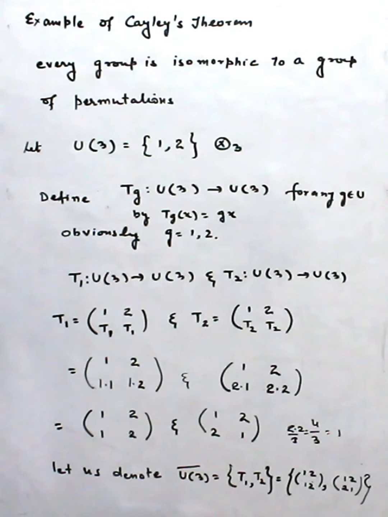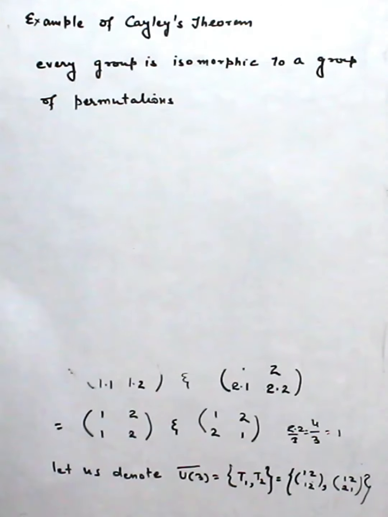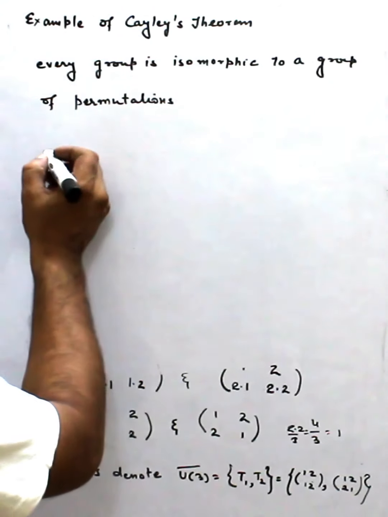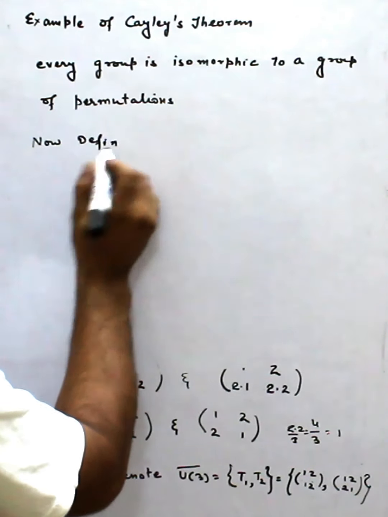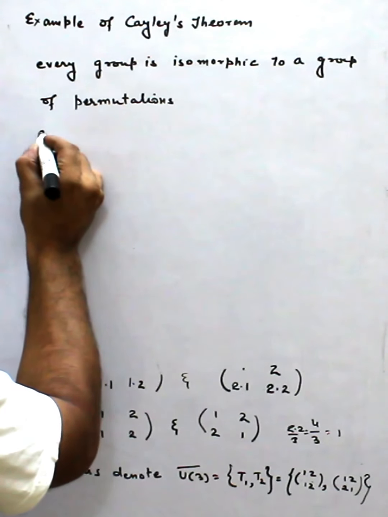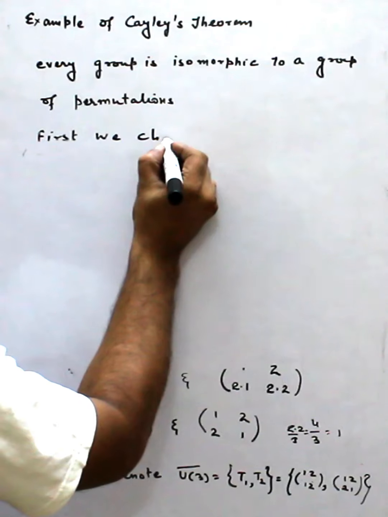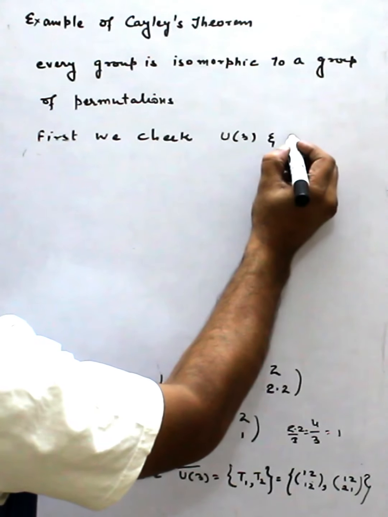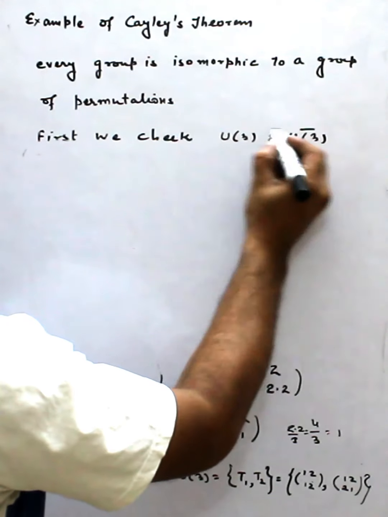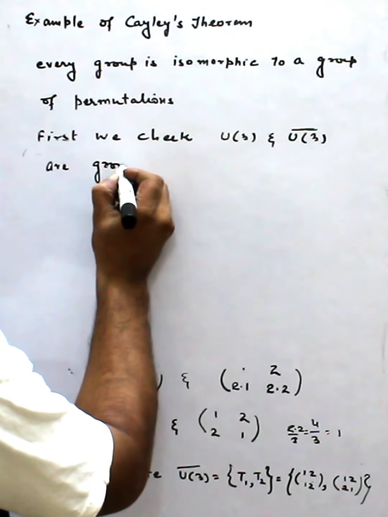Now you see, first we check U3 and U3 bar are groups.